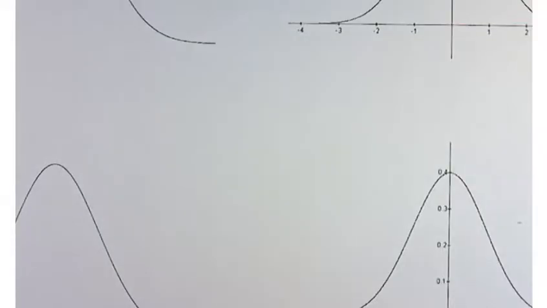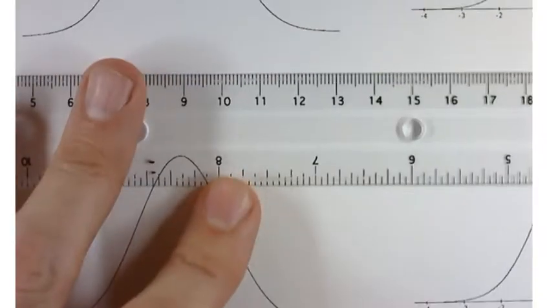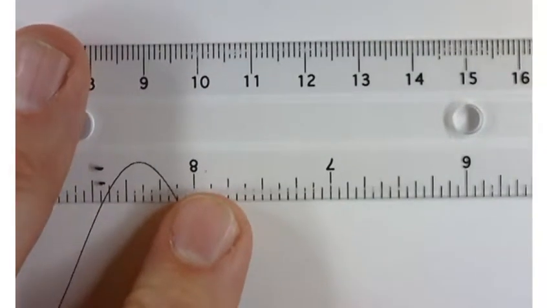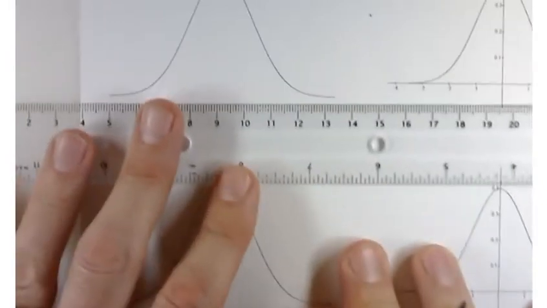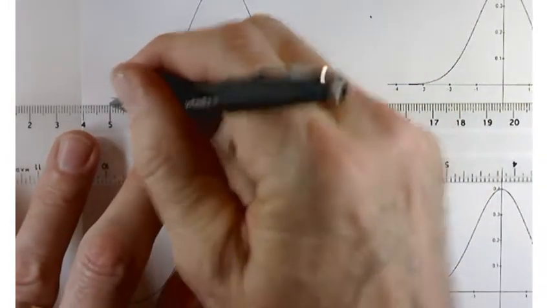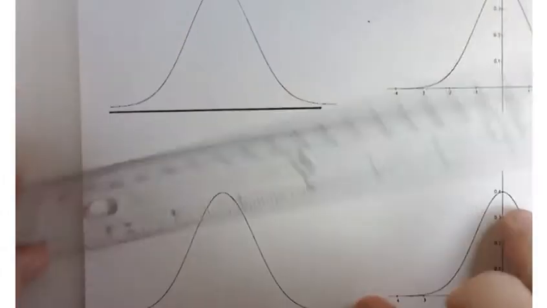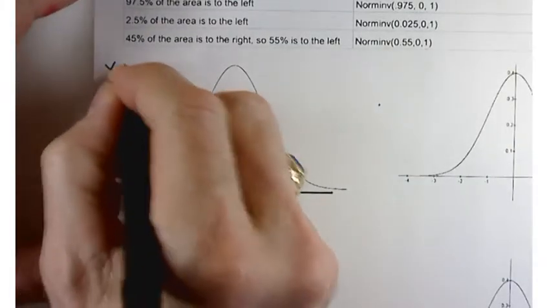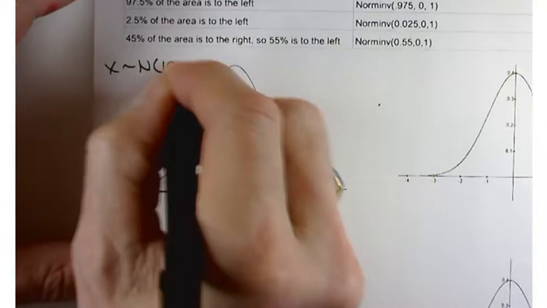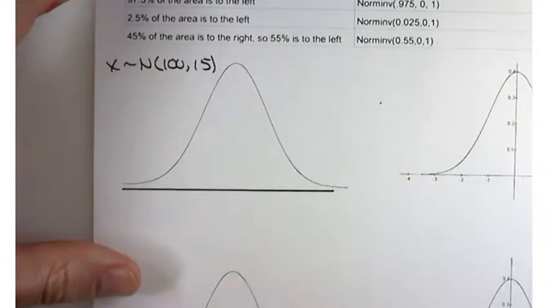So let's draw that on our handout. If you want to borrow a ruler, I've got plenty. They'll be handy here for us. Oops. Zoom out. So in this case, we're working with x, which is normally distributed with a mean of 100 and a standard deviation of 15.